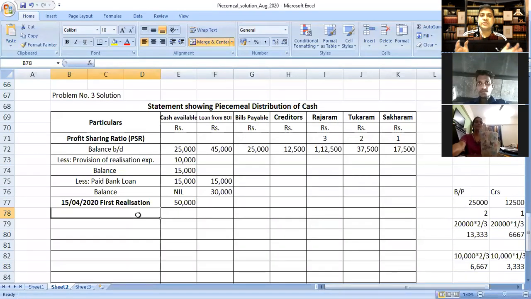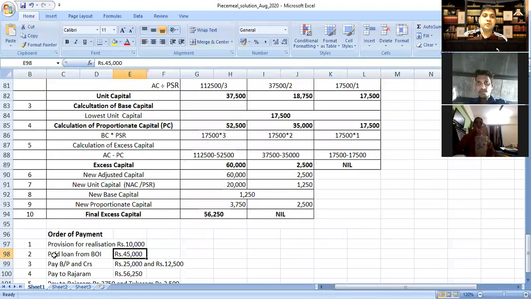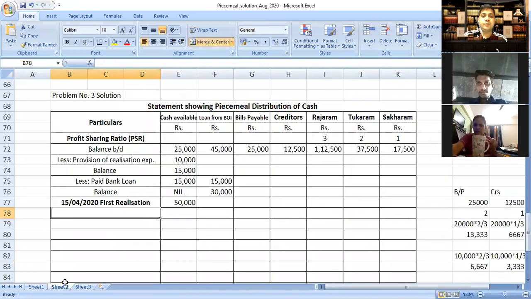Now if you see, friends, the order of payment. In this order of payment, the provision for realization 10,000 we already paid. Loan from Bank of India, we have to pay. Now we paid 15,000 rupees of the loan from Bank of India. Still the loan from Bank of India 30,000 is pending.